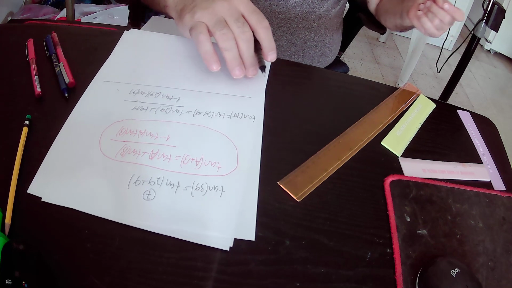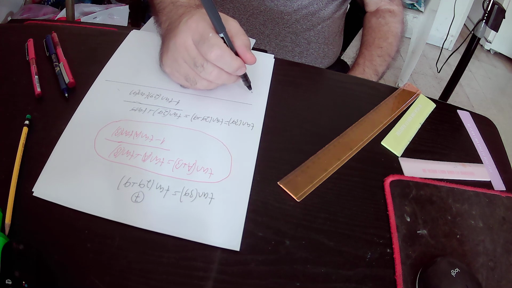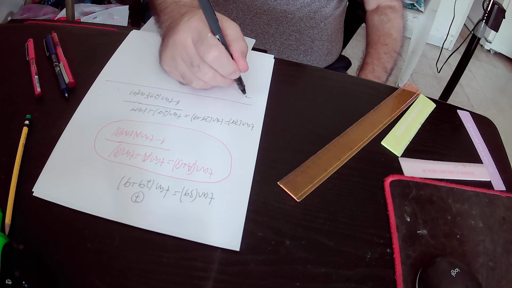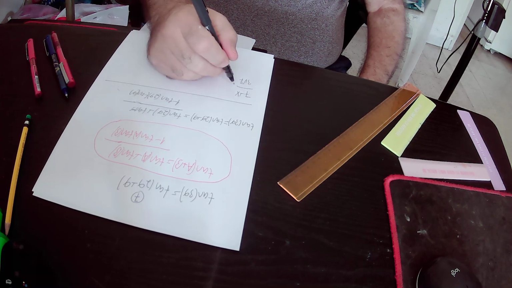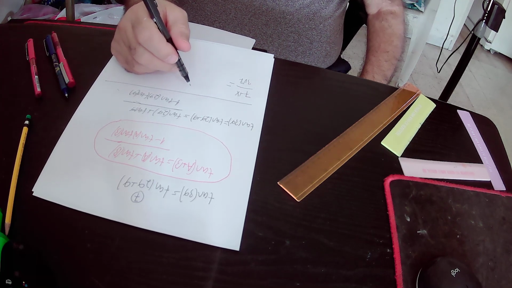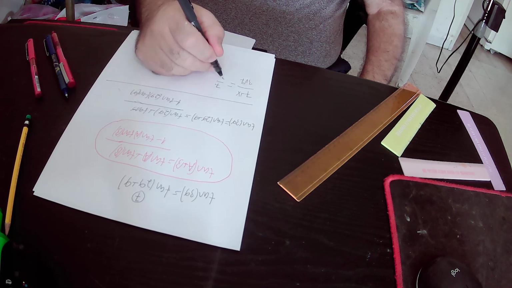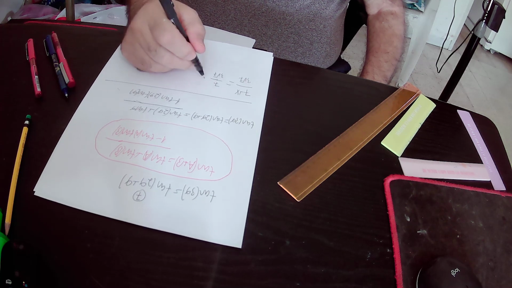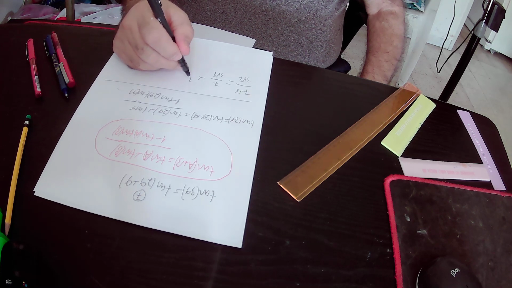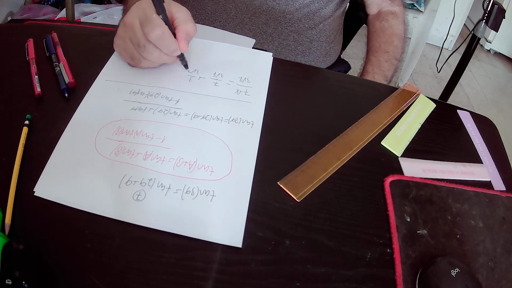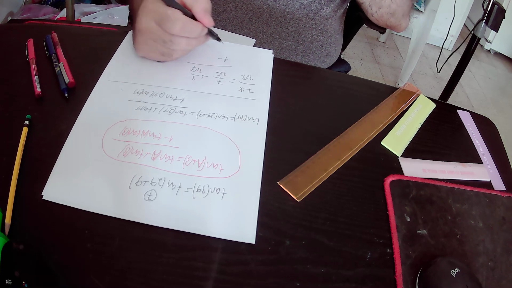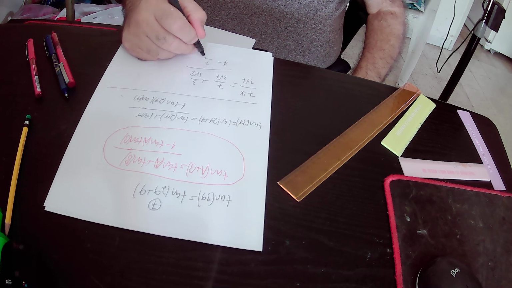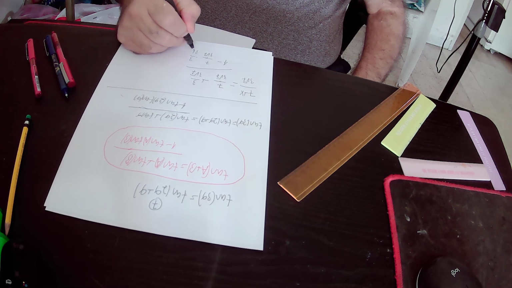So we will get that tangent 3 alpha, which we have already found out equals 7 plus x over 3 times root 7, equals tangent 2 alpha, which equals 7 over 3 times root 7, plus tangent alpha, which equals 3 over 3 times root 7, all divided by 1 minus tangent 2 alpha times tangent alpha, which is 7 over 3 times root 7 times 3 over 3 times root 7.